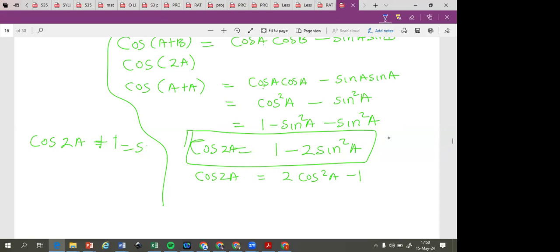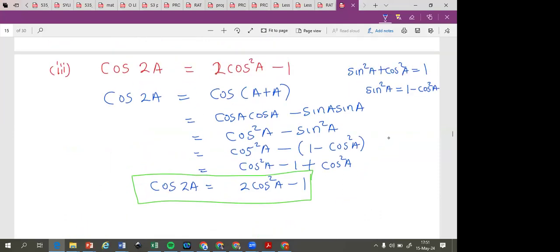If I change the sine squared A, I'll get 1 minus cos squared A. For sine squared, yes.